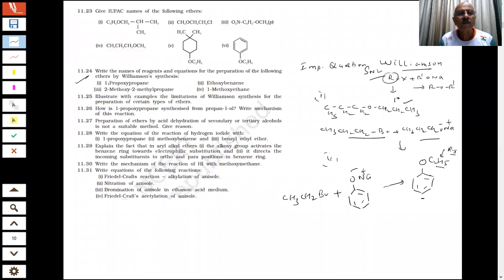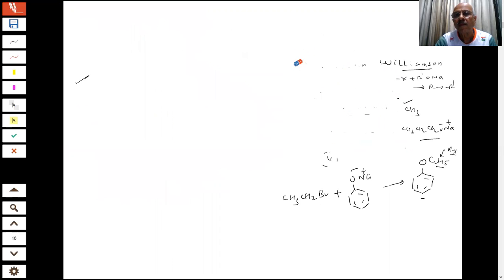What ether is this? 2-methoxy-2-methylpropane. So how will we write it, students?